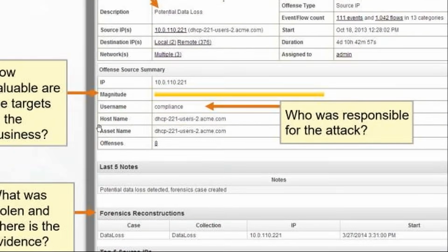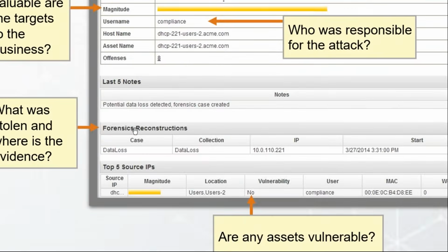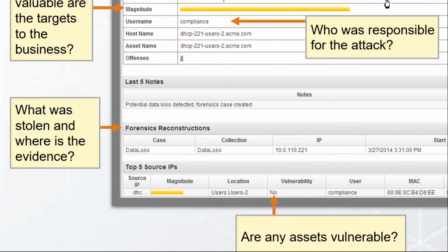Though there are a lot of things, I'm just explaining the ones which are highlighted. Then you can see something which we call forensic reconstructions. That means I can recreate the entire scene, the entire network traffic, for those particular attackers or for those particular alerts which require further in-depth investigation, right?